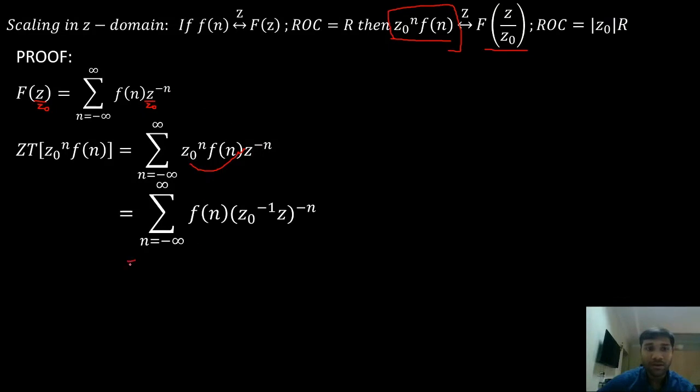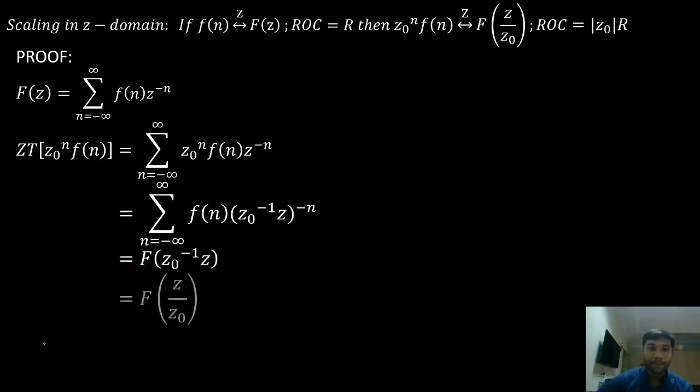So this entire term I can write as z into z naught inverse whole power minus n, that is nothing but this expression. So I can write it as f of z by z naught.